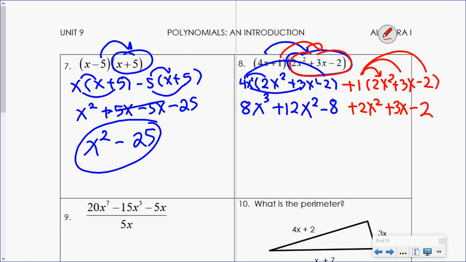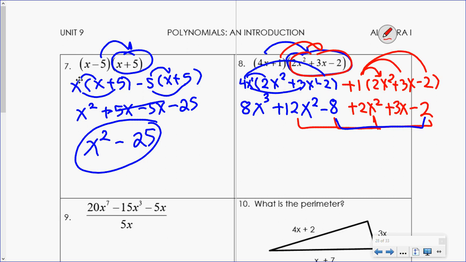I'm going to combine my like terms, so 12x squared pairs with 2x squared. Negative 8 pairs with negative 2.